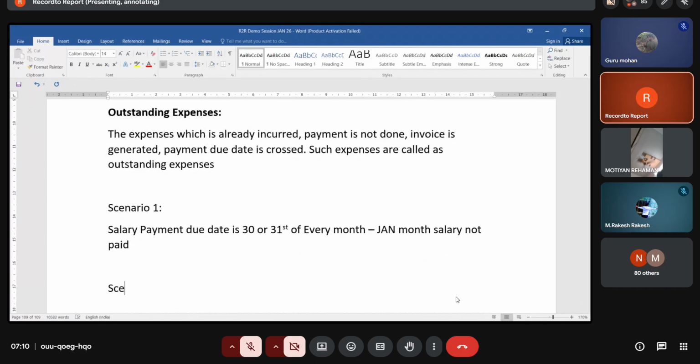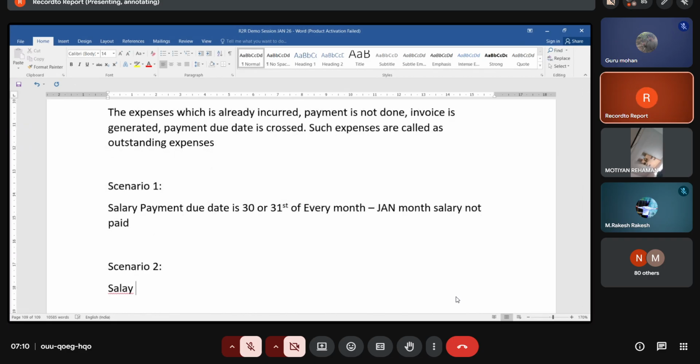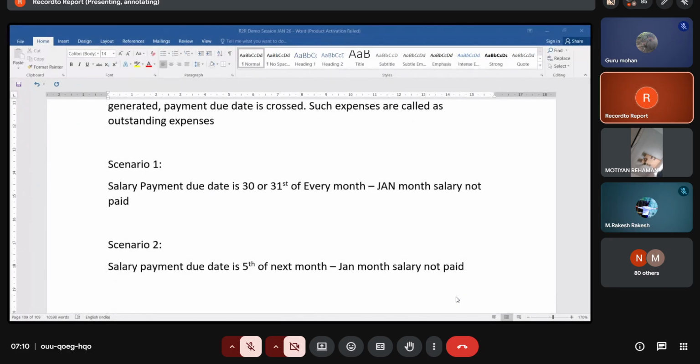Scenario two: salary payment due date is 5th of next month. January month salary not paid. So tell me, in which cases we need to book as accrual, and in which cases we need to book as outstanding, guys.